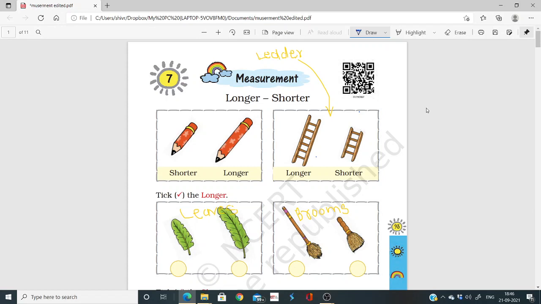Now we have to learn a new chapter, measurement. Here we have to understand the very basic concept of measurement through various examples. We will see each and every example related to this chapter, and then you will get an idea about measurement.